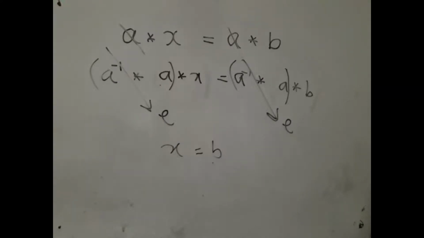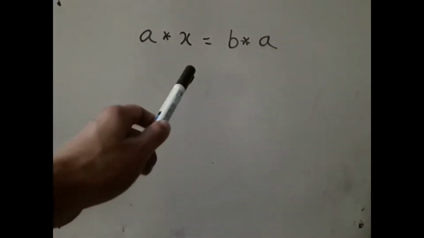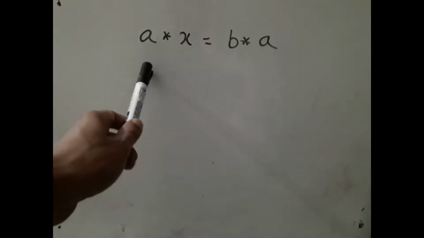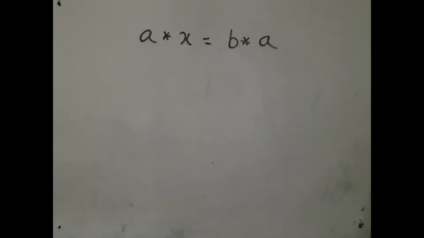However, if I am given an equation like this and I need to solve for x, but here the a is on the left hand side and here the a is on the right hand side, then I cannot perform cancellation immediately unless I am told that the group is abelian, that is commutative.